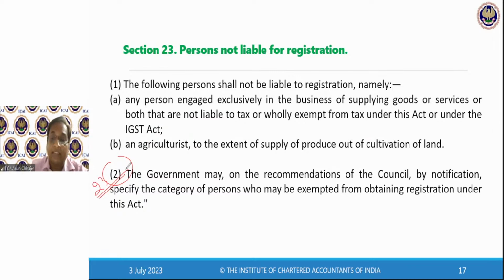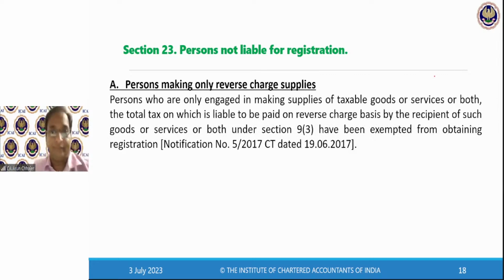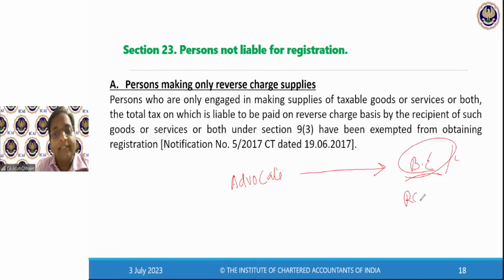In 23(2), the government has the power to issue notifications. First notification: let's say I am an advocate providing the supply of services to a business entity, any company or whoever, and they are paying the tax under reverse charge. They have to take mandatory registration by virtue of section 24(3).